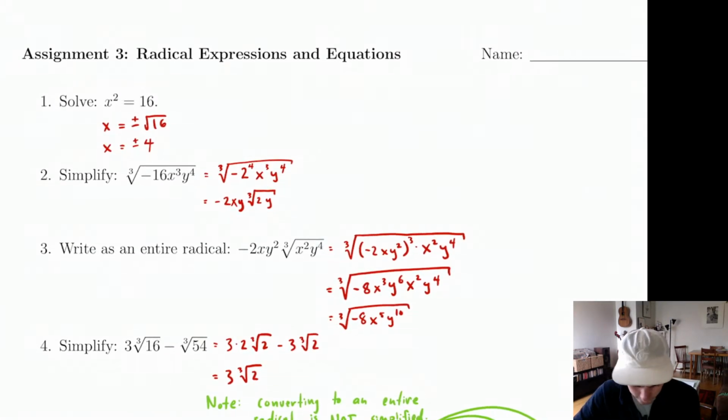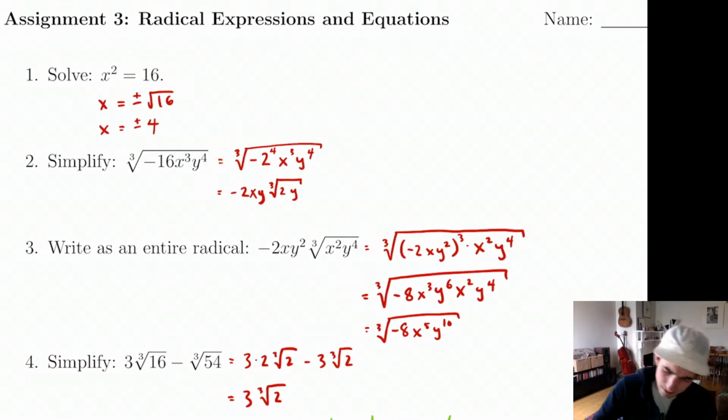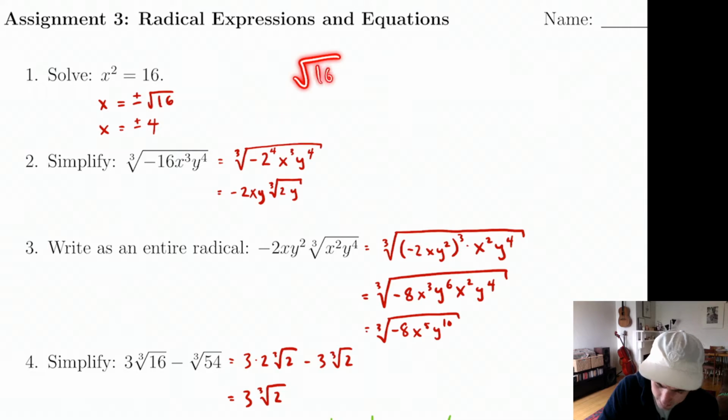We can go over them very quickly right now. For the first one, I think the biggest mistake most people made was that they forgot the plus or minus. It's true that the square root of 16 is just 4, not plus or minus 4.